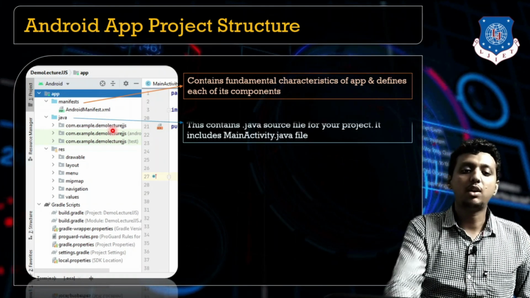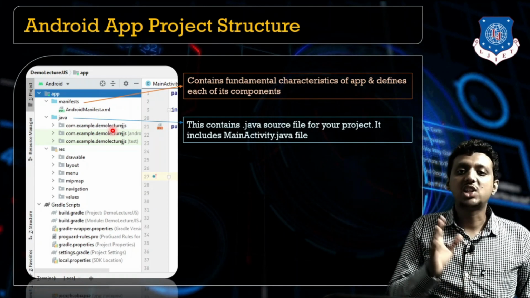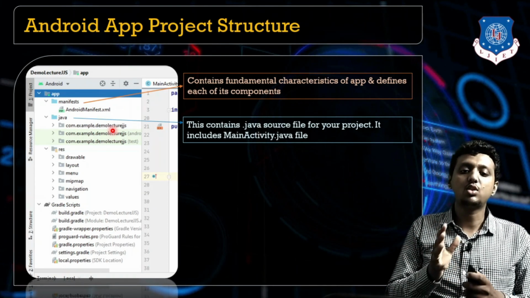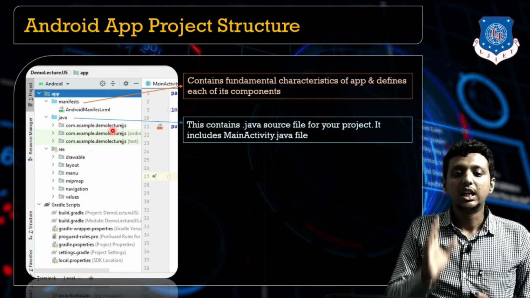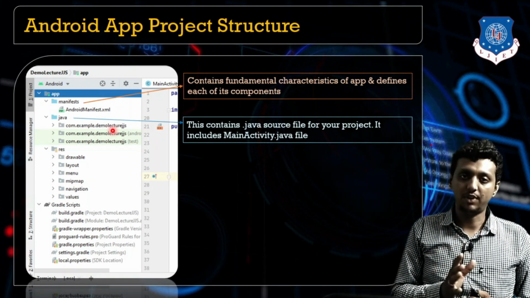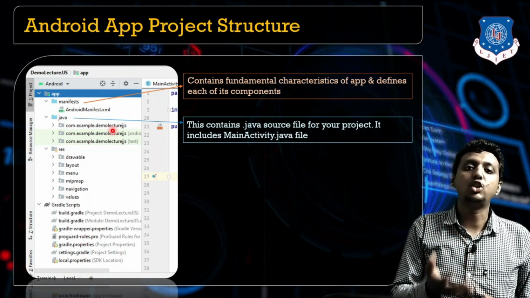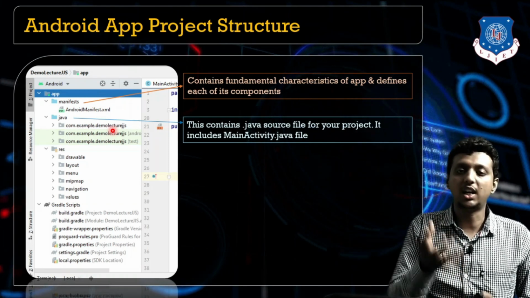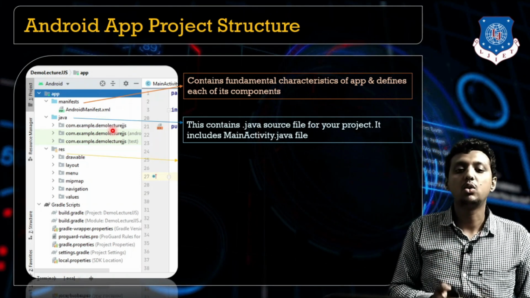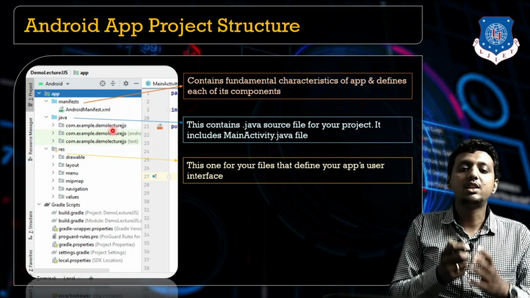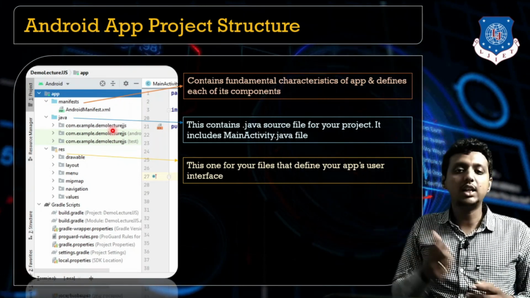Okay. Next, we have the Java file. The Java source file contains all details about your project. It includes the MainActivity.java file, in which you define your layouts, your views and everything. Now, next students, we have the resources. The res folder contains the resources.